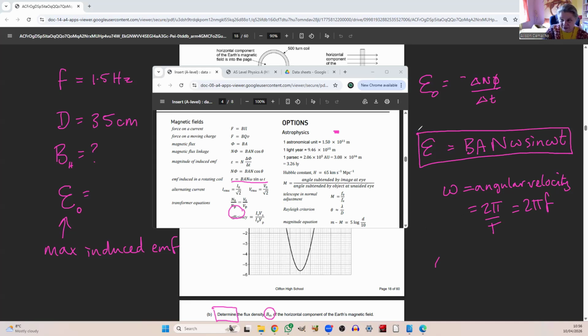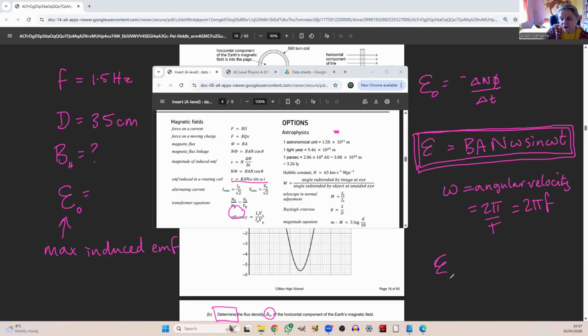Now, that is epsilon, not epsilon naught. What's the maximum that equation can take? Yep, it's a maximum when the sine of the angle is 1, because that's the biggest sine can be.